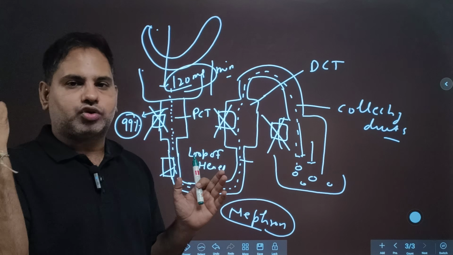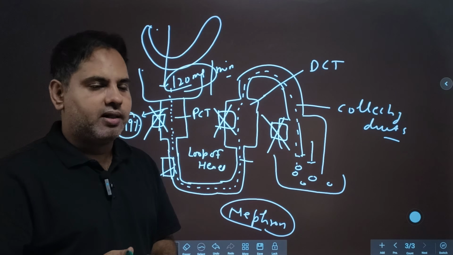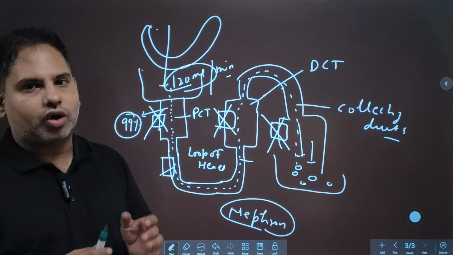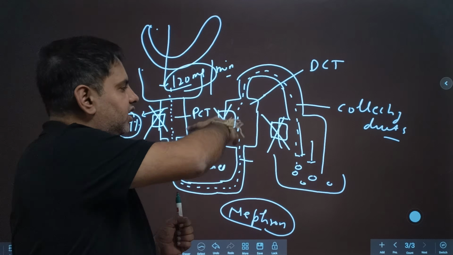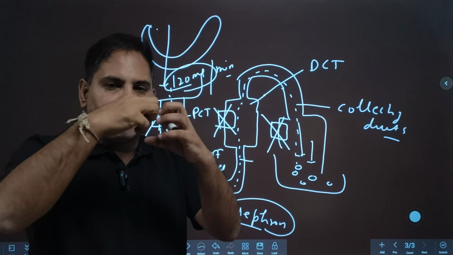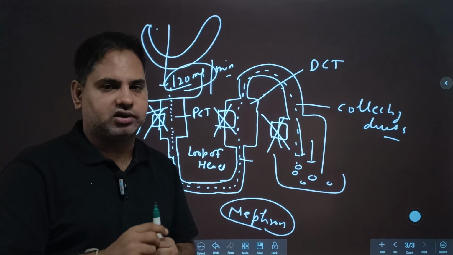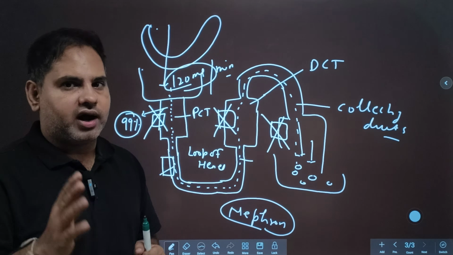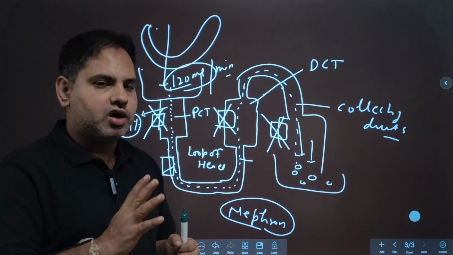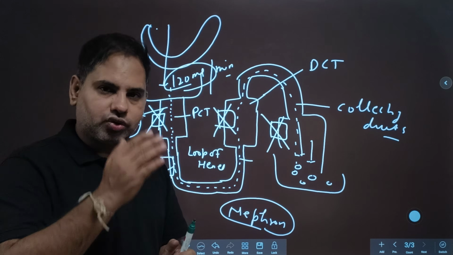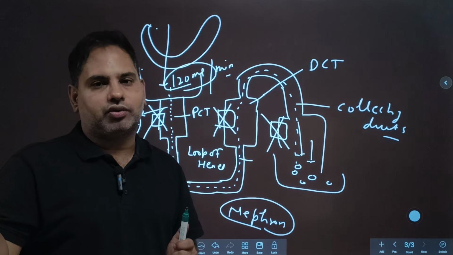When no reabsorption happens, your urine amount increases. Normally the filtrate passing through the different parts of the nephron is reabsorbed back to the systemic circulation, but if you want to increase urine output, you can inhibit these channels. Then urine output increases and reabsorption decreases.